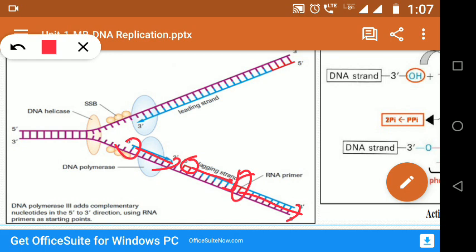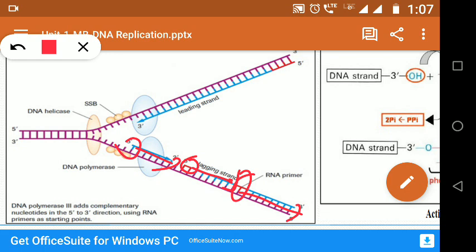So the lagging strand will be synthesized in a discontinuous manner, but the leading strand is continuously synthesized. The continuous synthesis takes place on the leading strand. There is no stopping for some time and restarting the synthesis again.